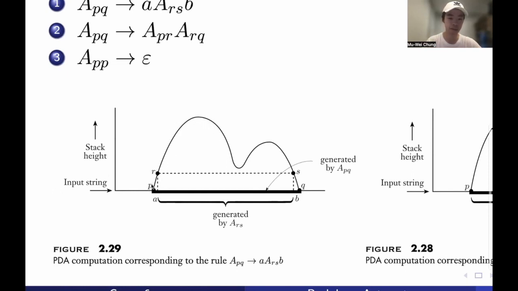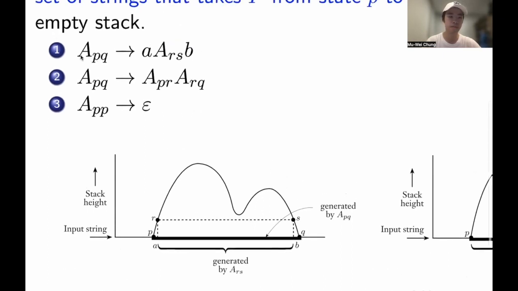Suppose there's a transition from state P to R by reading input A and pushing something onto the stack, and another transition from state S to Q by reading some input B and popping some symbol off the stack. We can write a rule for A_PQ that derives the symbol A, the variable A_RS, followed by the terminal symbol B.